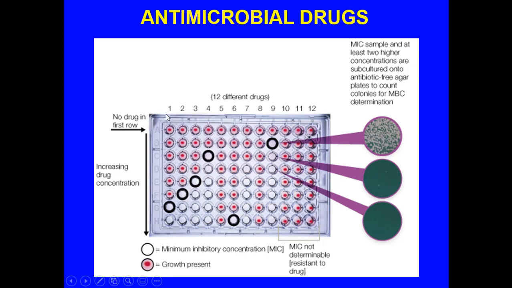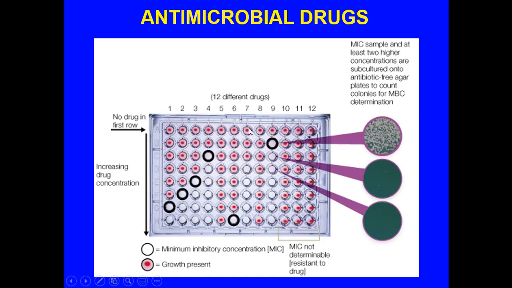And if you go left to right, you've got 12 different drugs here being tested, okay? You have increasing drug concentration, 12 different drugs, and of course you're going to have your control. So the first row has no drug in it at all. So you can see what you would have if there was no drug.